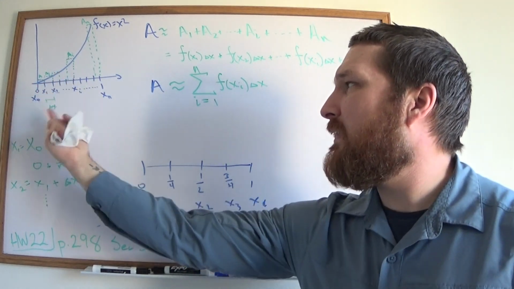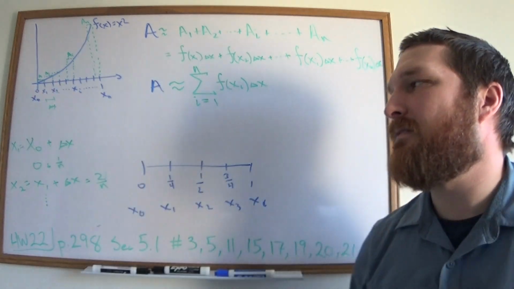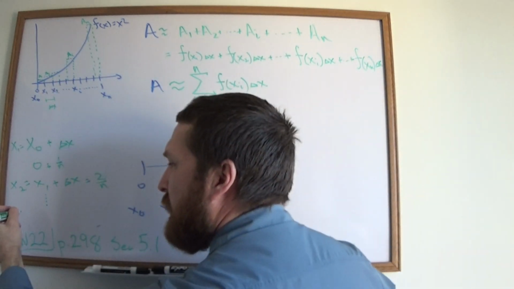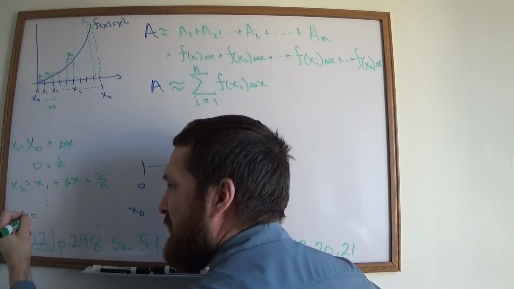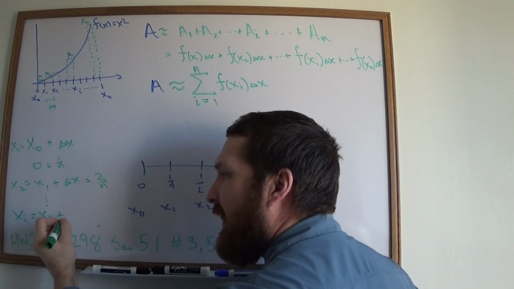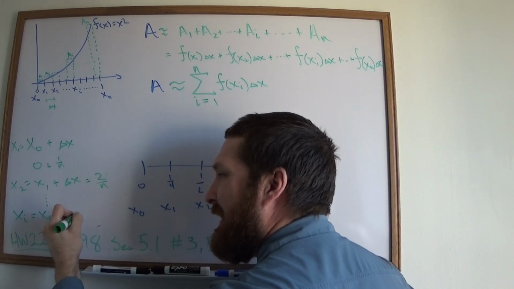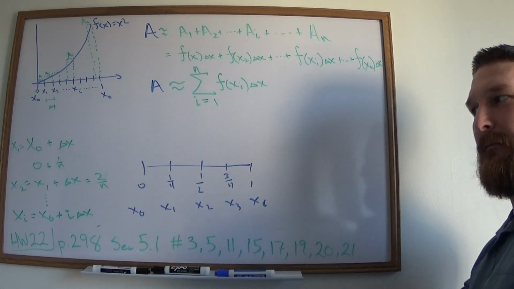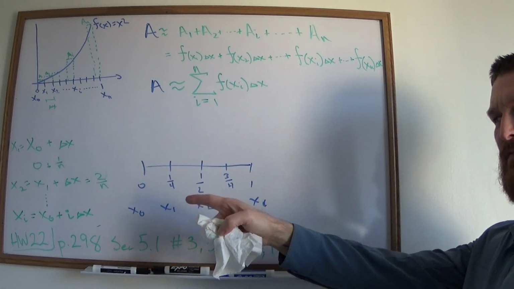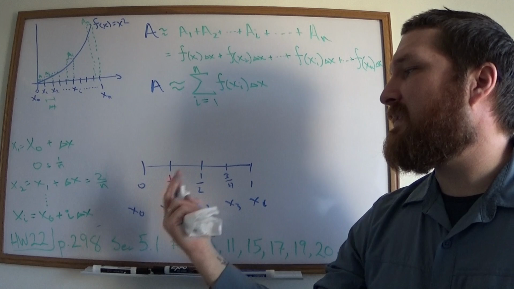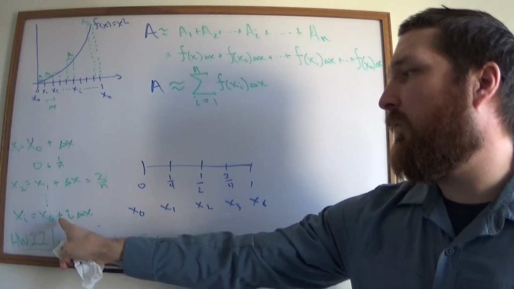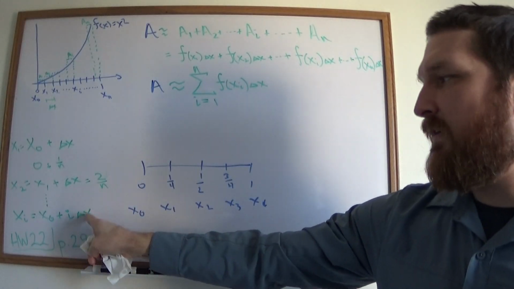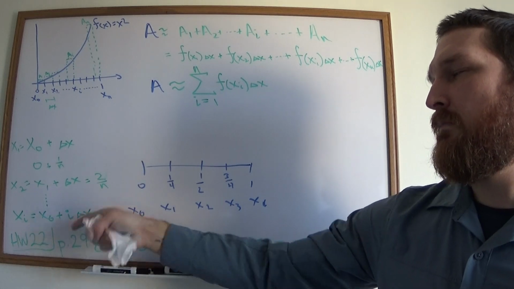And in general, xi is just whatever x0 was plus i times whatever delta x is. Does that make sense? So if I take 5 steps, it's like starting at x0 and going over 5 times whatever delta x was.